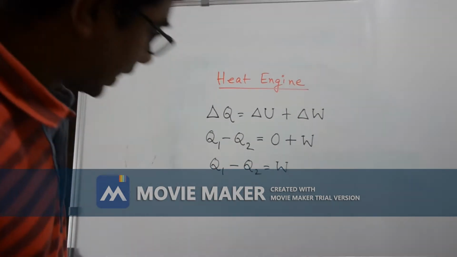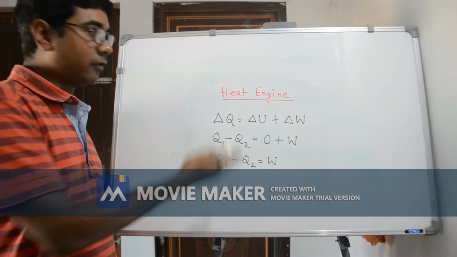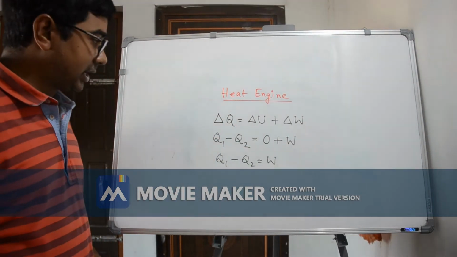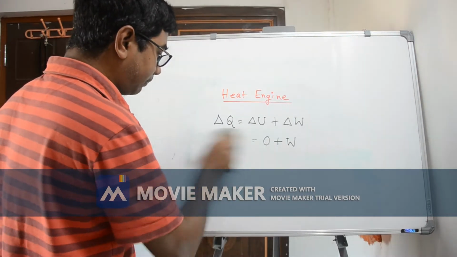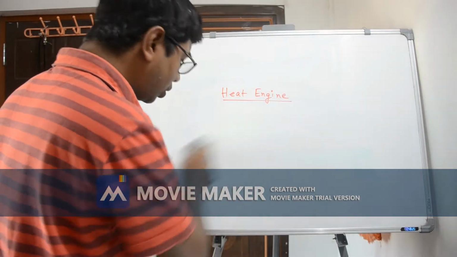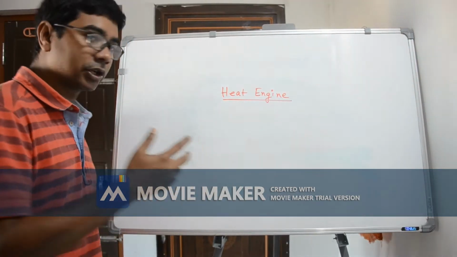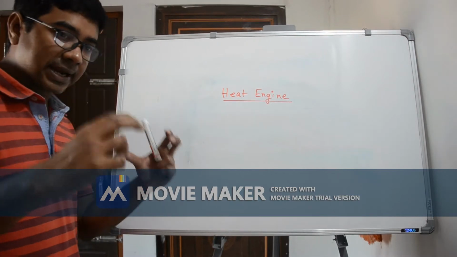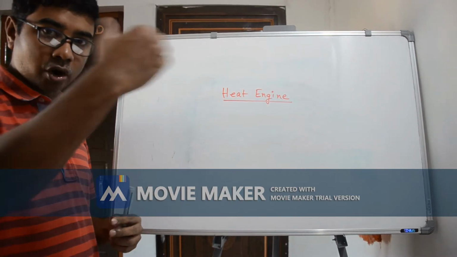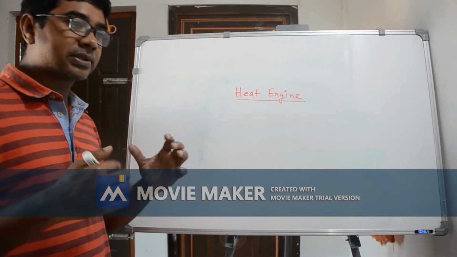Now the question comes: how do we actually quantify the performance of this kind of heat engine? In order to do that, we have one particular parameter which characterizes how good the heat engine is. For example, if we have two heat engines working between the same two reservoirs, hot reservoir and cold reservoir, how do we conclude which one is working better?